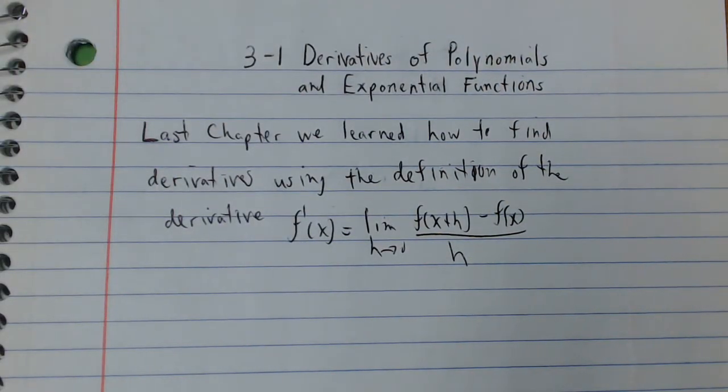So what we're going to do now is we're actually going to learn the shortcuts, which I'm sure some of you will be excited about. But keep in mind that in this class from now on, when I tell you that I want you to find the derivative of a function using the definition of a derivative, you have no choice but to do it this way. Okay. Now, if I don't specify how I want you to find the derivative, then you could use the shortcut at any point.